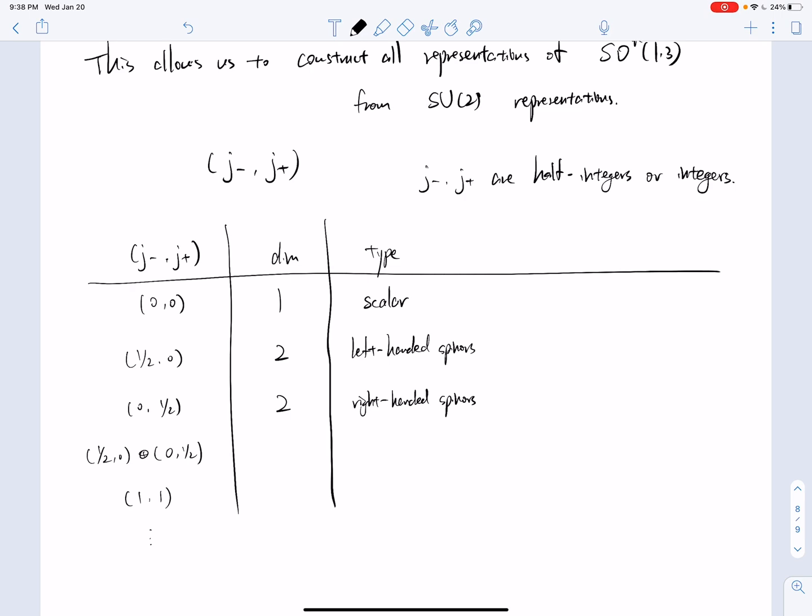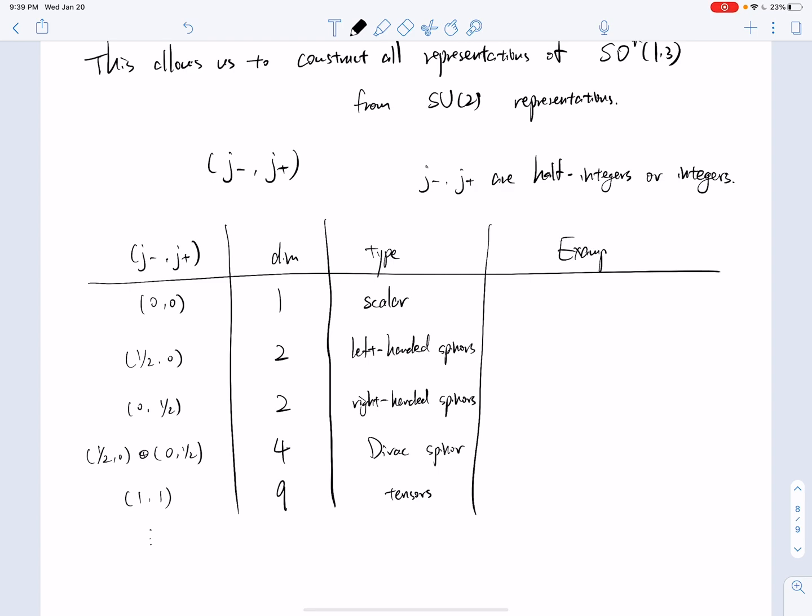And the fourth one, 1/2, 0 direct sum with 0, 1/2, has a dimension of 4. And they are called the Dirac spinors. 1, 1 has a dimension of 9, and they're represented by tensors.